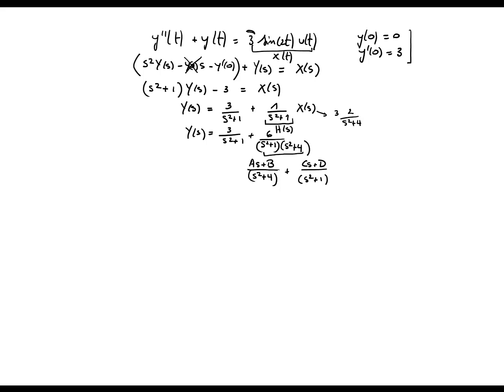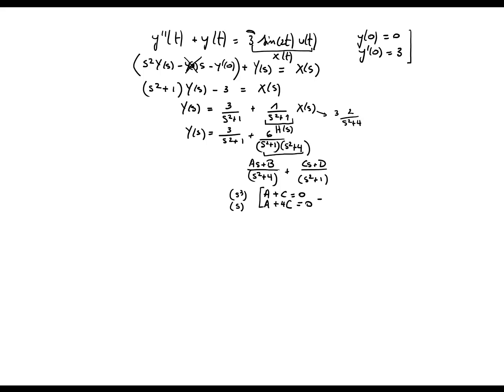So let's have a look at that. We can have a look at the terms in s cubed. I will have a s cubed and I will have c s cubed, and I don't see any term in s cubed over here, so a plus c is equal to 0. I can have a look at the terms in s. I will have a and I will have 4c, so a plus 4c is equal to 0 as well, because I don't see any term in s over here.